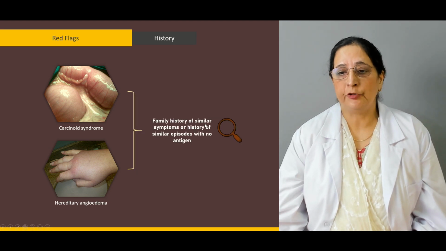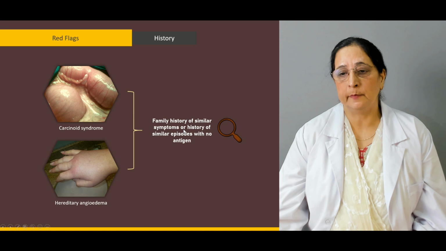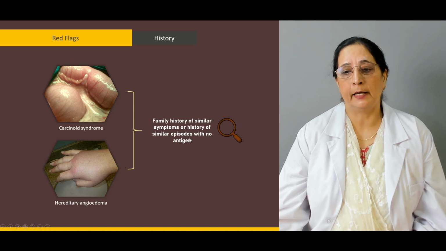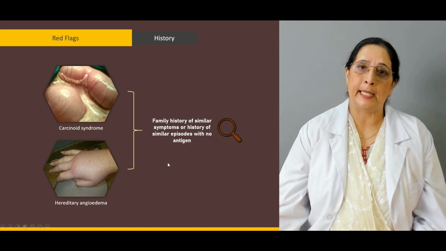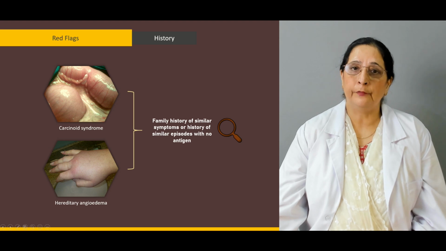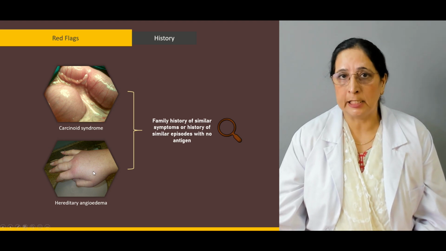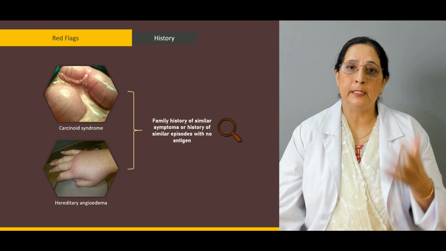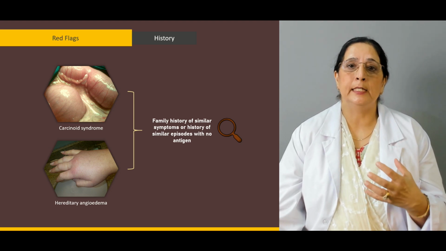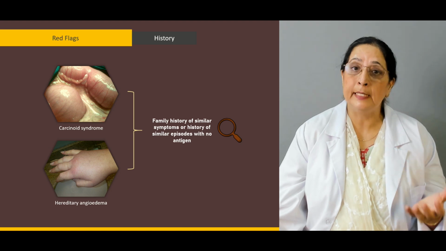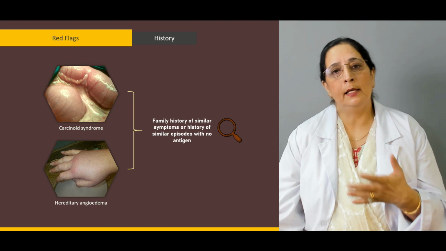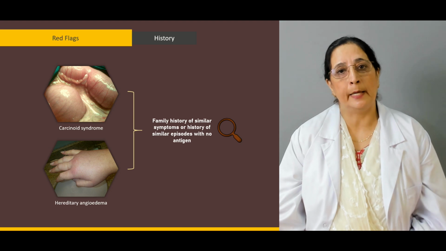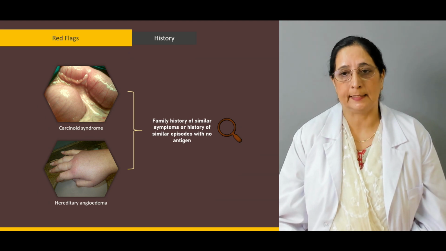There is a family history of similar symptoms or history of similar episodes with no antigen. So with both of them, there is no antigen exposure, no antibody, but you will have a family history with these, and they closely resemble anaphylaxis.